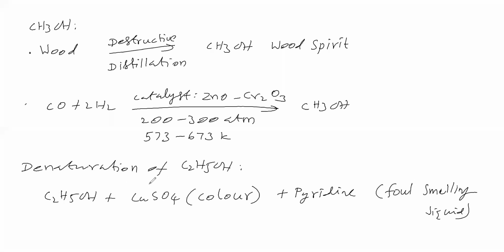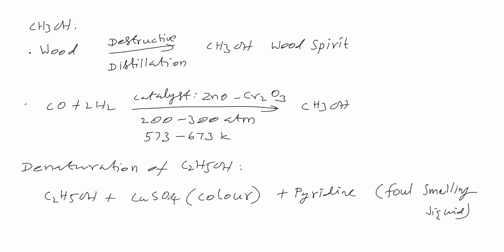Why do we have to denature ethanol? Ethanol is used as a solvent in industry, and for less cost it is supplied to industry, but it can be handled in a wrong way. To avoid that, for industries ethanol is supplied mixed with pyridine and copper sulfate.